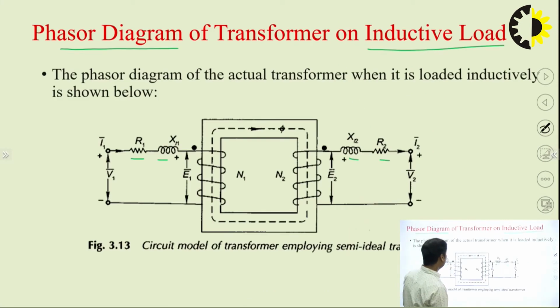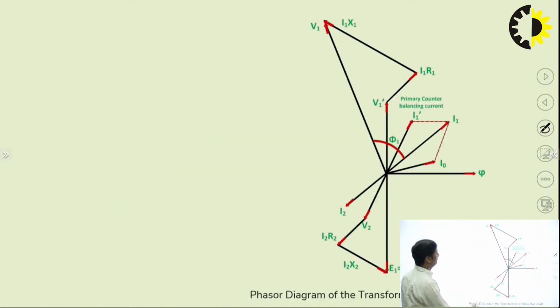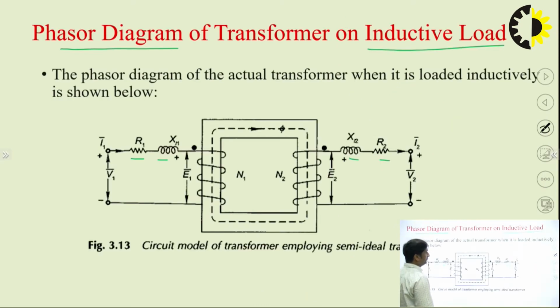So from that we can write the equations. This is the load side, this is the primary side, this is the secondary side. Secondary means the load, primary means your supplying side. To draw this phasor diagram, you can write down the equations involved.